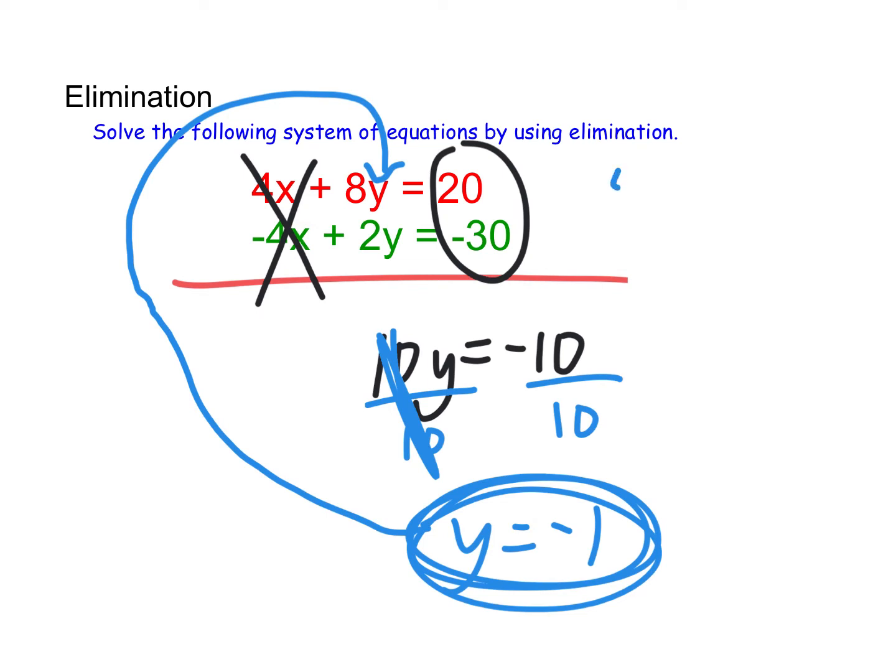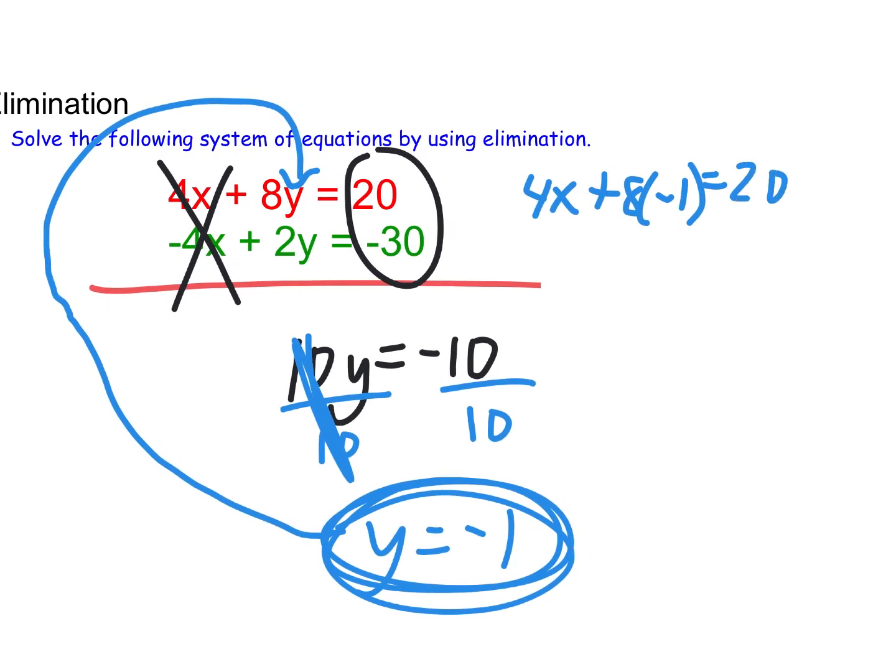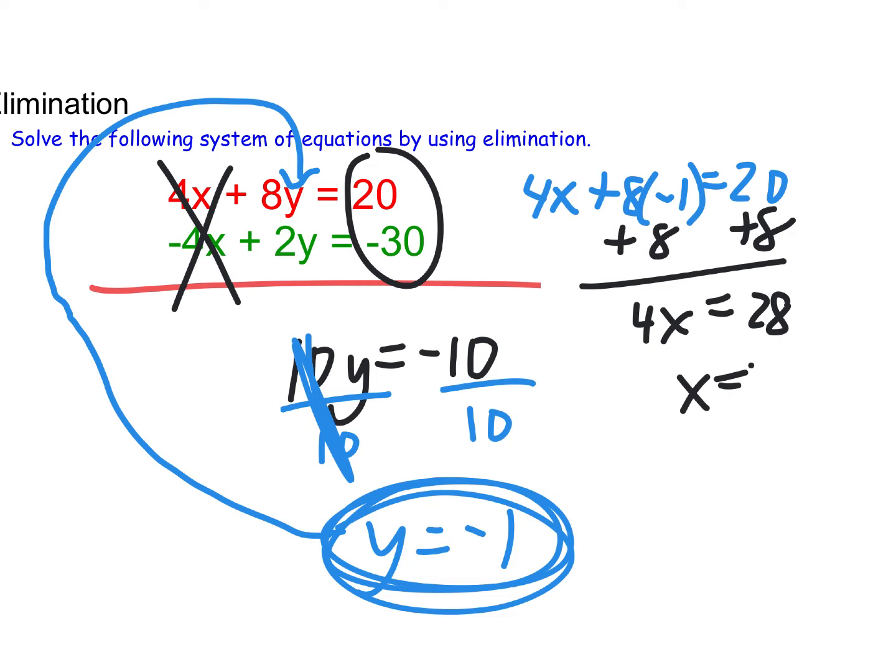And I'll get 4x plus 8 times negative 1 equals 20. Still pretty fast comparison though. So then I'm going to add 8 to both sides. 4x equals 28. 7. My final answer is 7 comma negative 1.